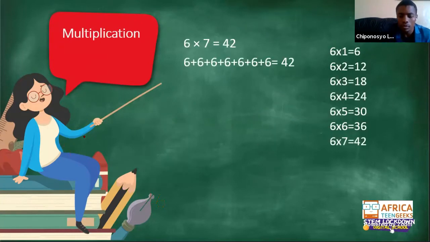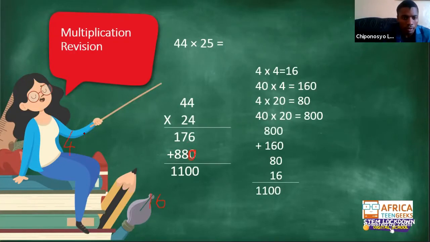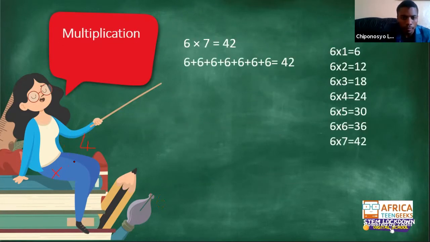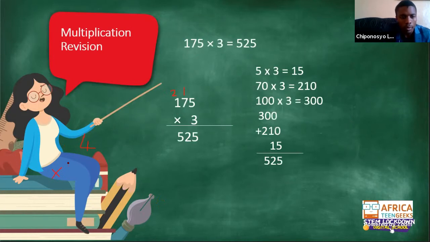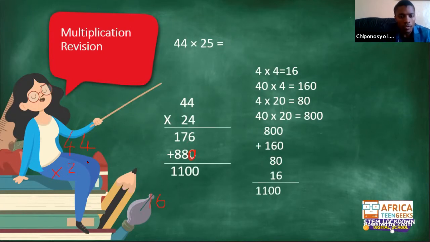44 multiplied by 24. Then we close it. Isn't it the first part we got 176?